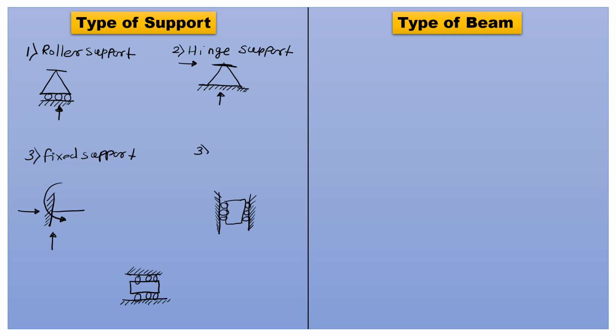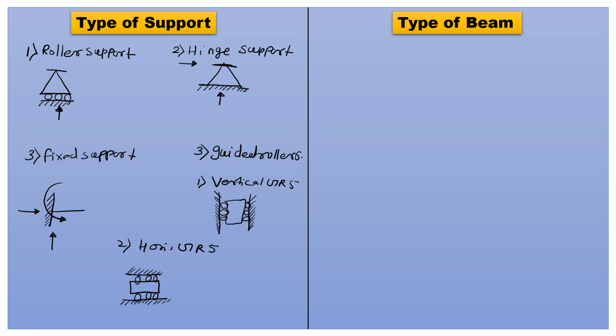Then fourth is guided roller support. In the case of guided roller support, there are two types. First one is vertical guided roller support, and second one is horizontal guided roller support.